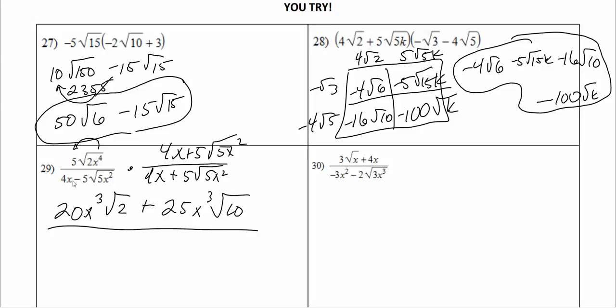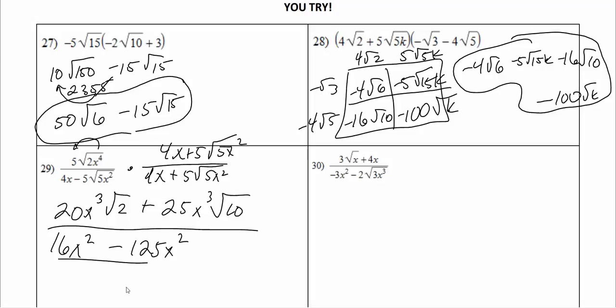Over. Now, this is where the F in the first box and the last box and the L's and all that stuff. 4x times 4x is 16x squared. Minus 5 times 5 is 25 times another 5 that pops out, which is 125. X squared and x squared, I pull an x squared out.